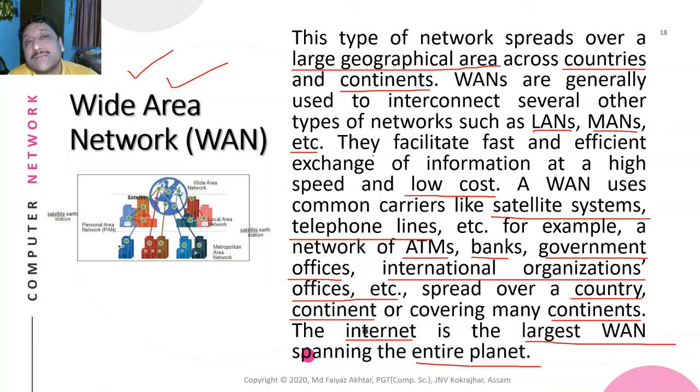Examples of wide area network are ATM and bank communication, government offices, and internet organization offices, which are spread over the country or even go beyond the country or continents. And the most suitable example is the internet.